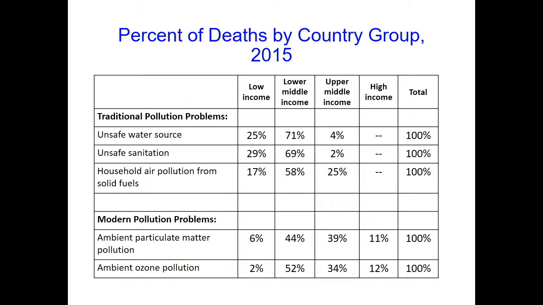And you would say, well, that's just differences in population. But you'll see in another slide estimates of death rates, which are also higher for the modern pollution problems in low, middle, and upper middle income countries.